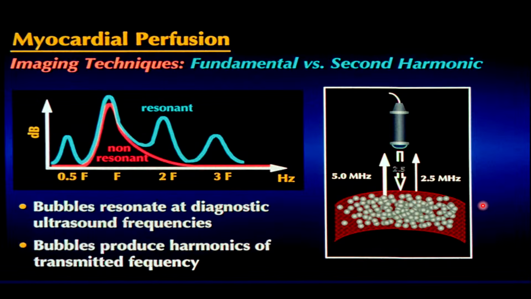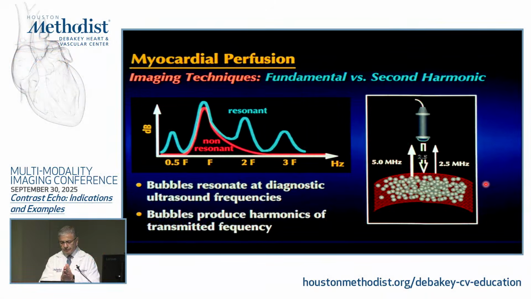In the first lecture on the basics, we talked about harmonic imaging, second harmonic imaging. So ultrasound from your transducer, you're sending a certain fundamental frequency, and that could be whatever it is, 3 megahertz, 4, 5, whatever it is, but usually, let's say 3.5 or 5.